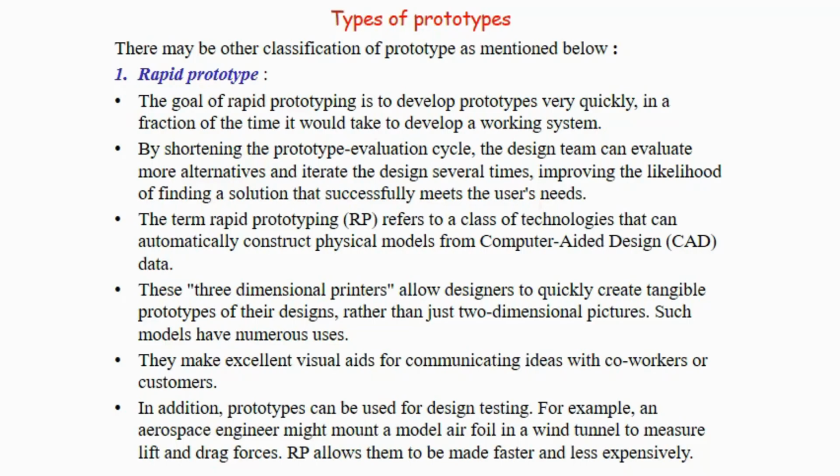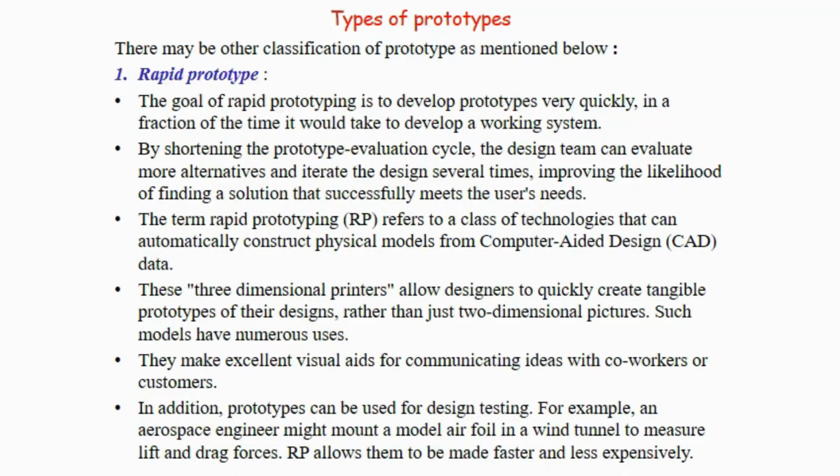Apart from these 6 types, they also classify the method of producing a prototype, like rapid prototyping. Some prototypes need, like, today I have a thought, and tomorrow or in 1 or 2 days we have to work on that idea and give it a shape for that prototype. This type of prototyping is called rapid prototyping.